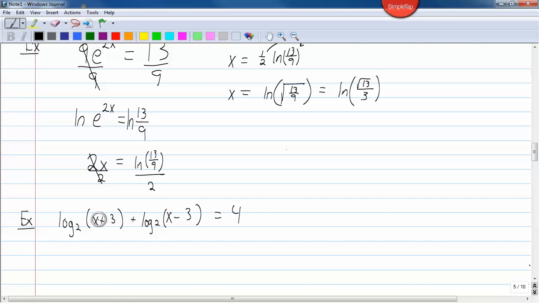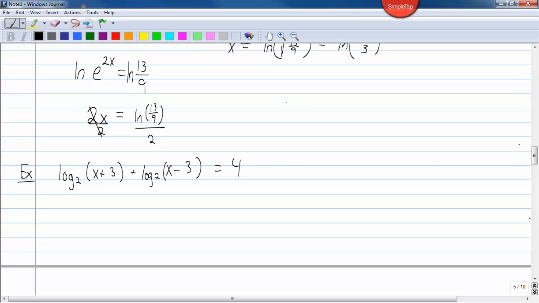We can figure out what we would have to plug in and evaluate this logarithm at to give us 4. Because we know that if we have a plus right here, then I can apply what? The product rule backwards, right?